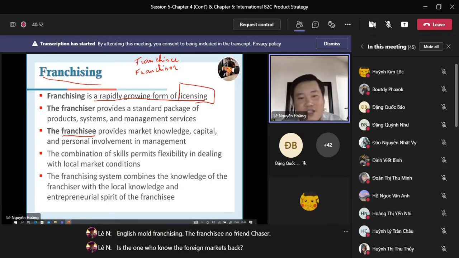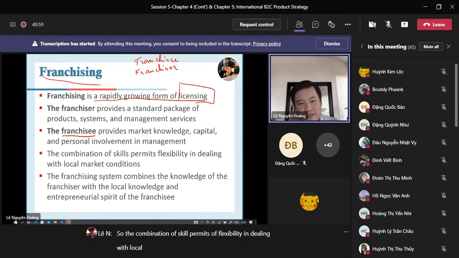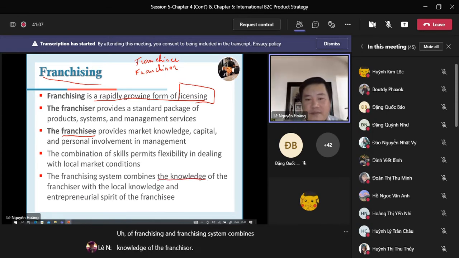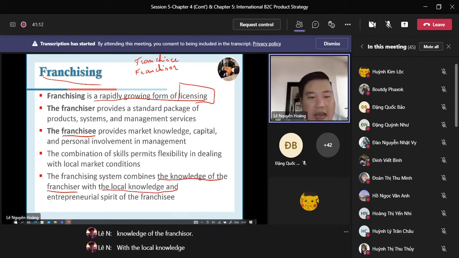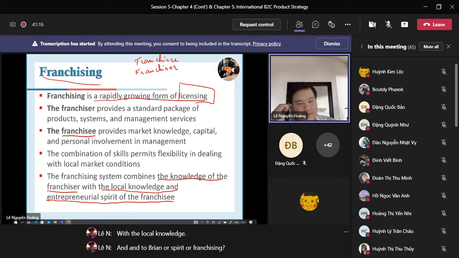So the combination of skills permits flexibility in dealing with local market conditions, which is a good point of franchising. And the franchising system combines the knowledge of the franchisor with the local knowledge and entrepreneurial spirit of the franchisee. You see the point?